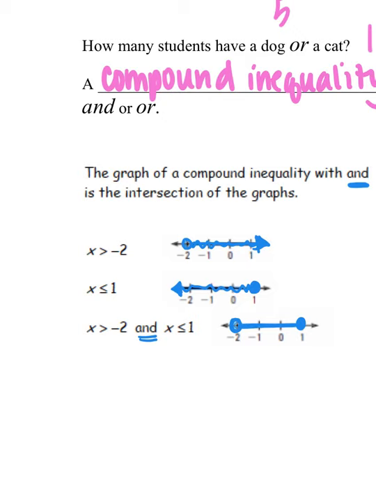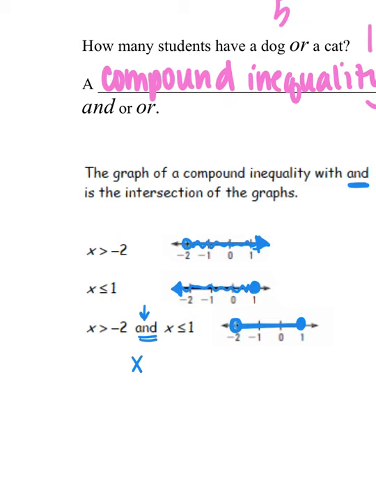So sometimes this looks a little bit different. It can look like this with two separate inequalities joined by the word and. But sometimes it's combined into one inequality and it would look like this.